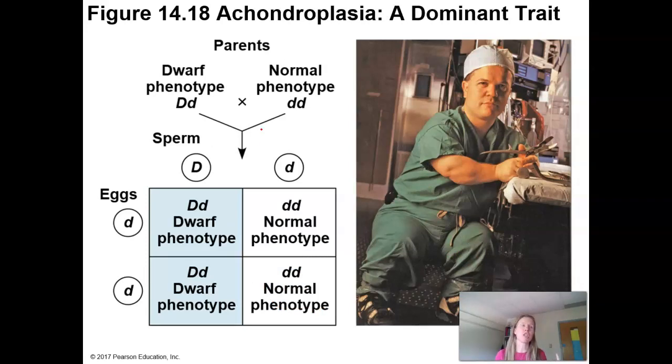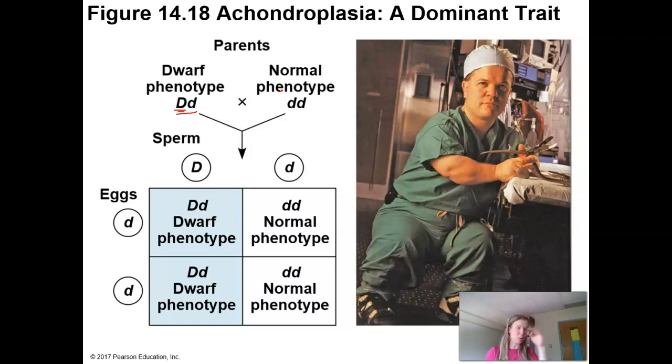Other genetic diseases. So achondroplasia literally means without cartilage. So this is a form of dwarfism where basically you don't have the cartilage to let yourself get taller. And so they're showing us here the inheritance pattern where if you had this surgeon here who has achondroplasic dwarfism, right, it's a dominant gene for this disorder, right?